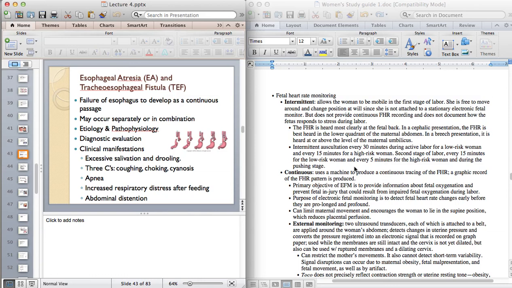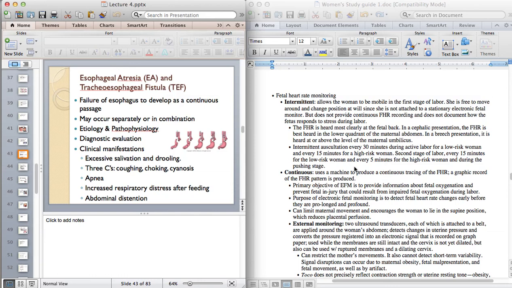So for this, once this is noticed, it is considered an emergency, and the child needs to be prepared for surgery. The child should be put NPO, IV fluid, but nothing by mouth.